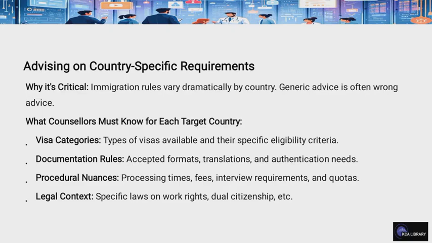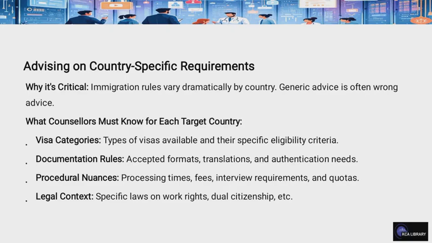The first aspect, which is very important, is visa category. We've talked about it in the previous slide, where we talked about the types of visa available and their specific eligibility criteria. It is very important to note that as a counselor. Also, there is a need to know the documentation rules for each country, which are accepted formats, translation, and authentication needs.